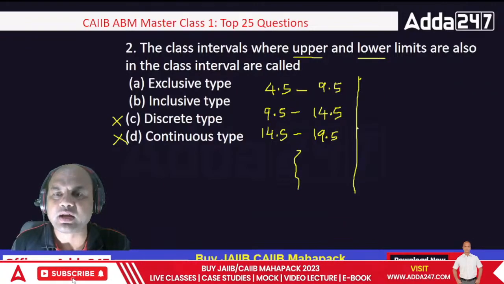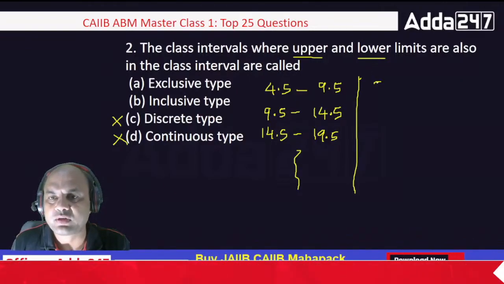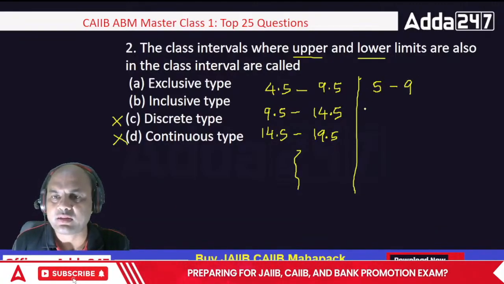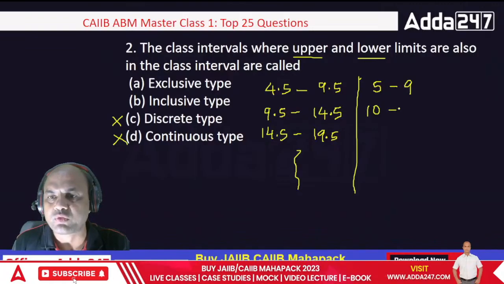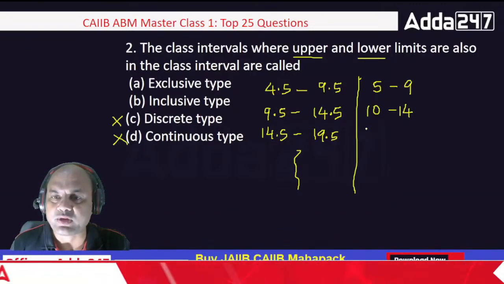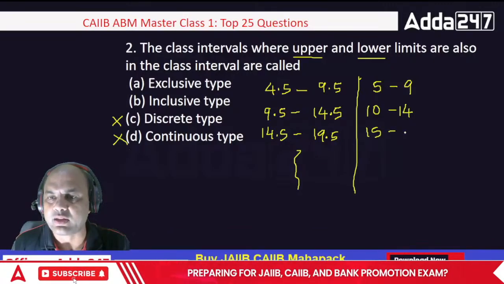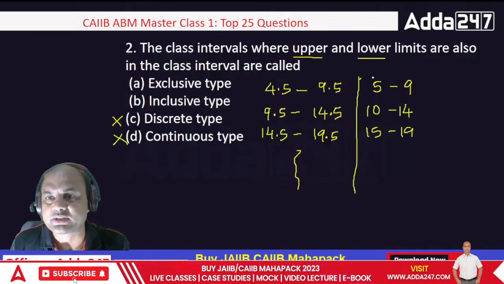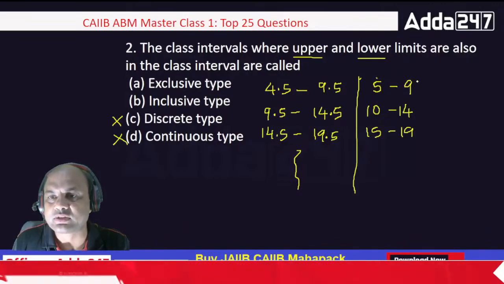Similarly, the other way, what am I writing is 5 to 9, both included, then 10 to 14, both included, then 15 to 19. Now if you check this, both are included. See this, 5 is also included and 9 is also included.